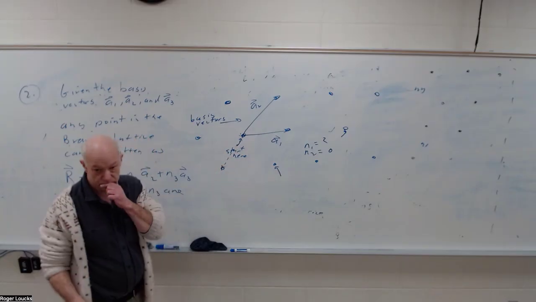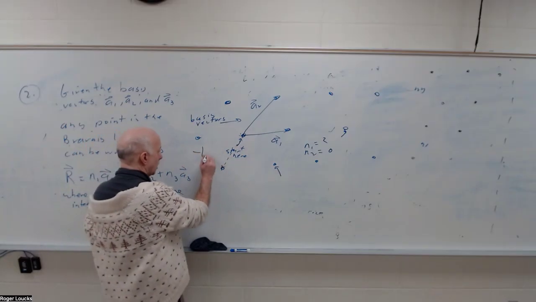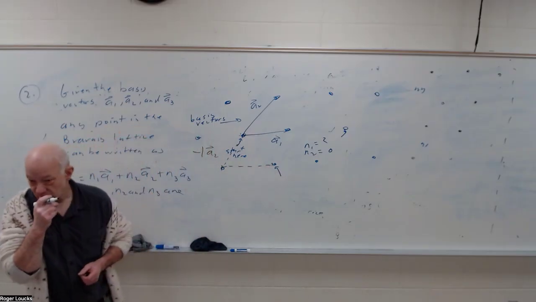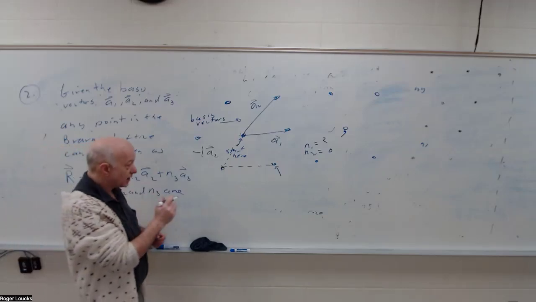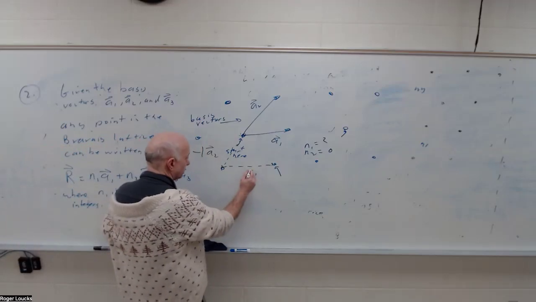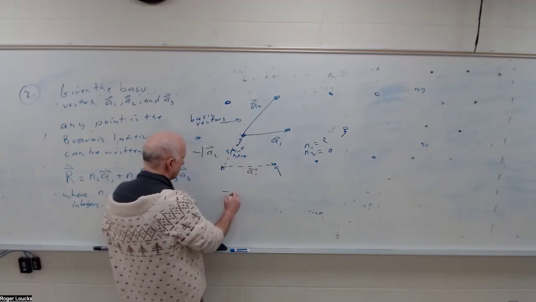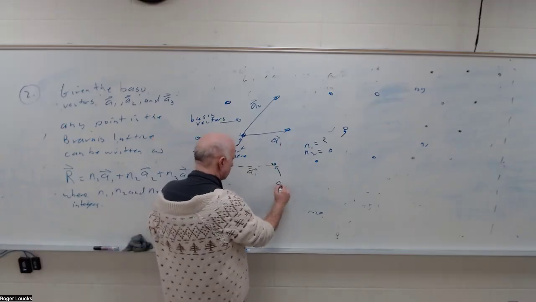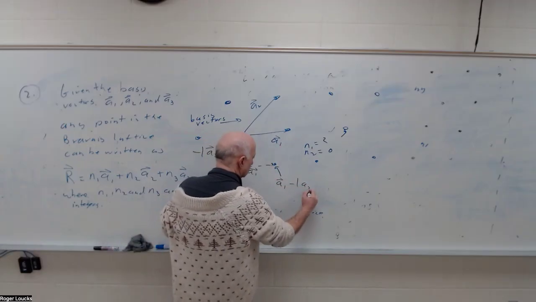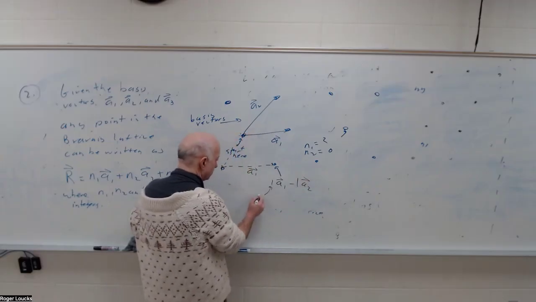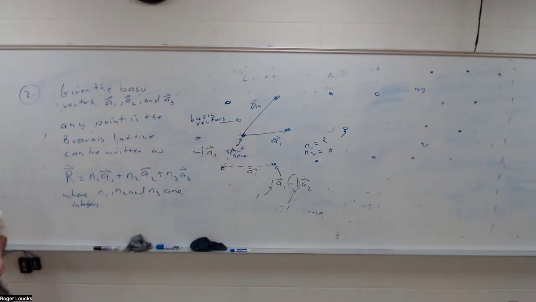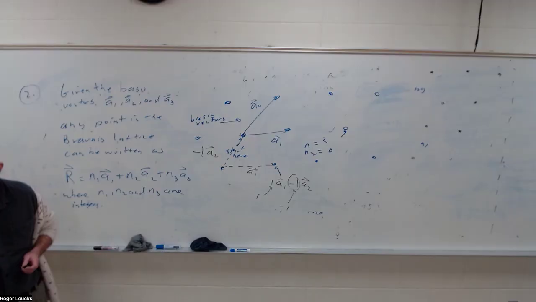What is that vector? Minus 1 A2. Now I have to add this vector, which is what? A1. And so this point here would then be A1 minus 1 A2. So I'd have a 1 here and then a minus 1 here. Does that make sense? I can do that from point to point.